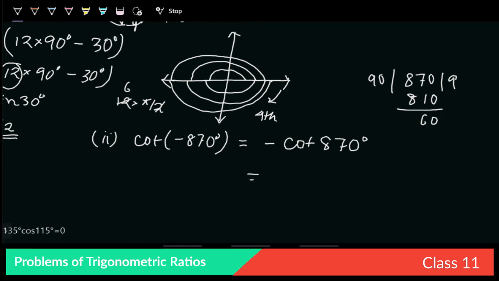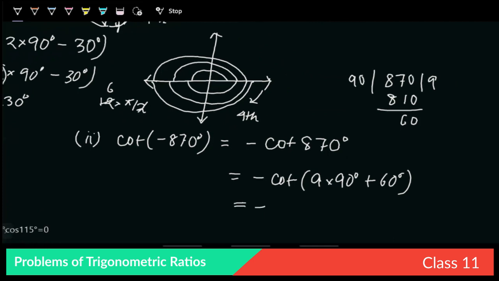So I can write this as minus cot of 9 into 90 degree plus 60 degree. Now you see that the coefficient of 90 degree, that is pi by 2, is an odd number. If it is an odd number, I have told that cot will change to tan. So the minus is already given.